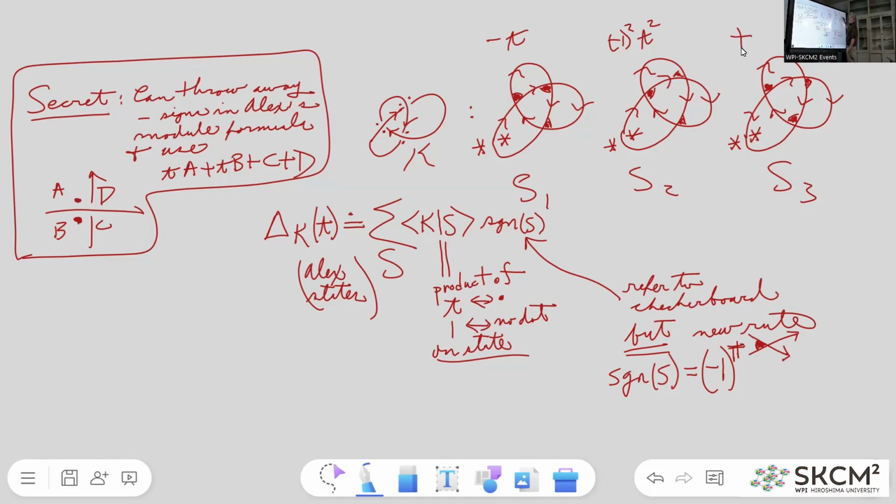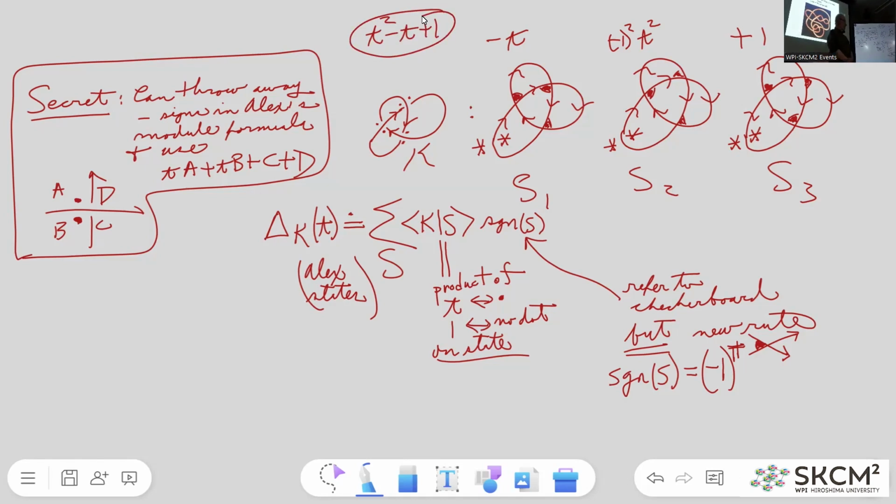And we have 1, and a 1, a 1. So we get t squared minus t plus 1 in this case. And you know that's the Alexander polynomial of the trefoil.